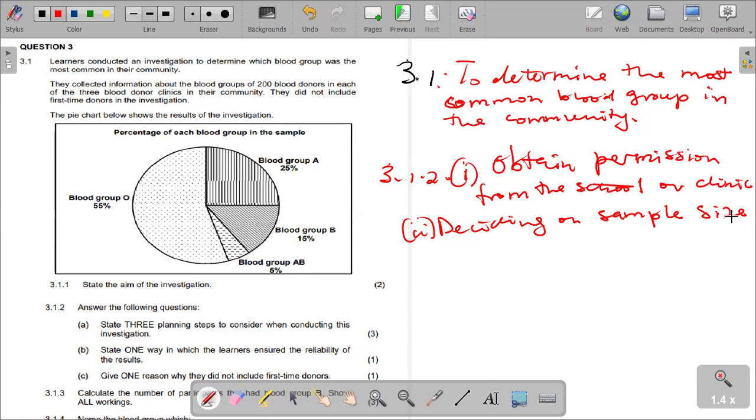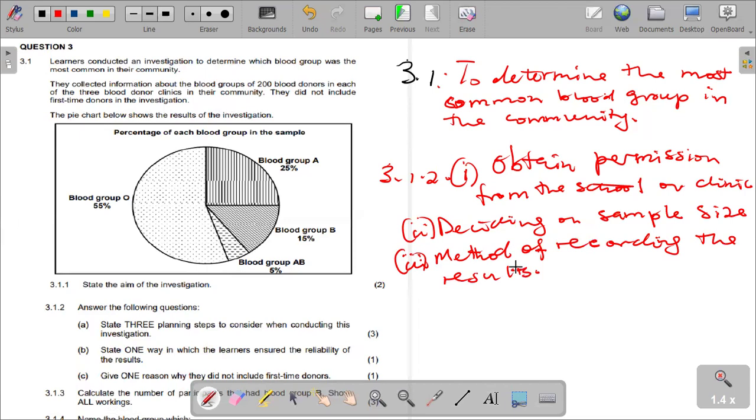And again, we can also talk about deciding on the method of recording the results. When an investigation is to be done, we also need to decide on the method, number 3, of recording the results.